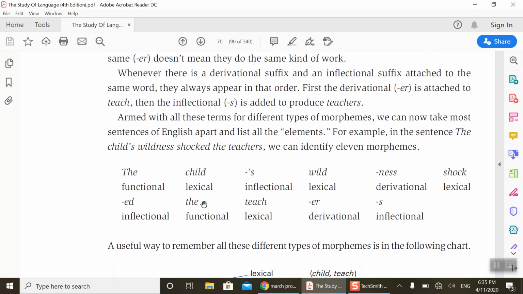Child, lexical. -s, inflectional. Wild, lexical. -ness, derivational. Shock, lexical. -ed, inflectional. The, functional. Teach, lexical. -er, derivational. -s, inflectional.